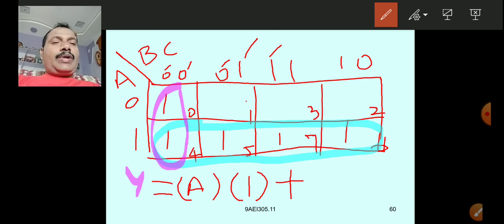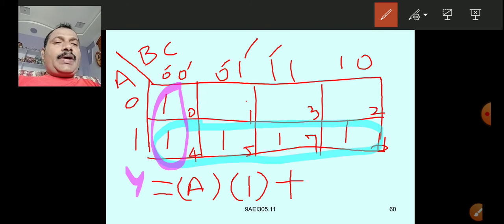Plus, you have to write plus. Write for another group. So the next group is the pair. For the pair, you follow the similar way. The group is occupying 2 rows and a single column.